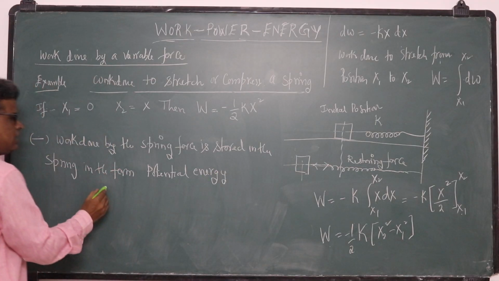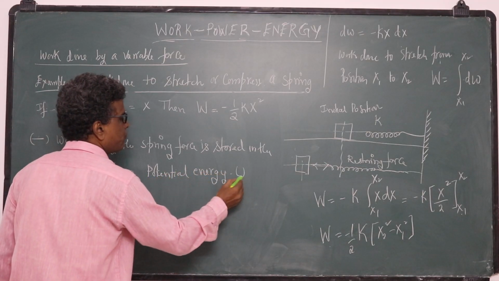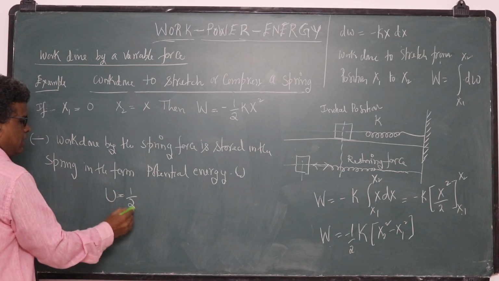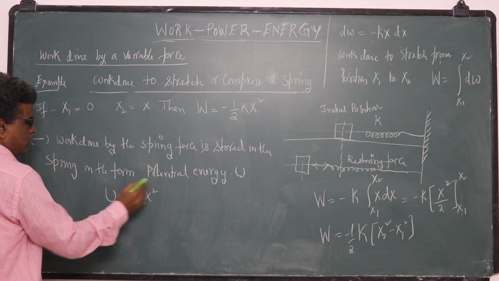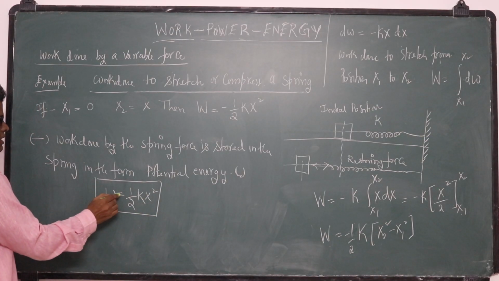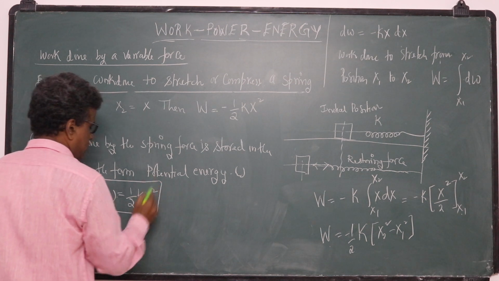So that potential energy is represented with the letter U, and U is given by half k x square. This potential energy stored in the spring is half k x square.